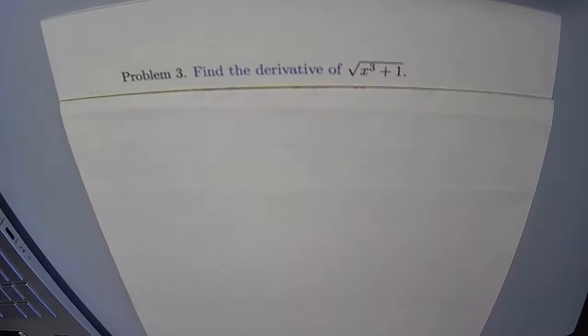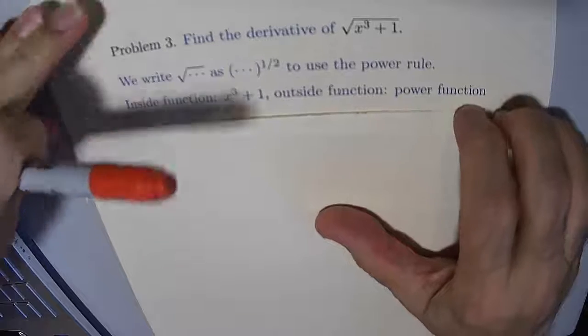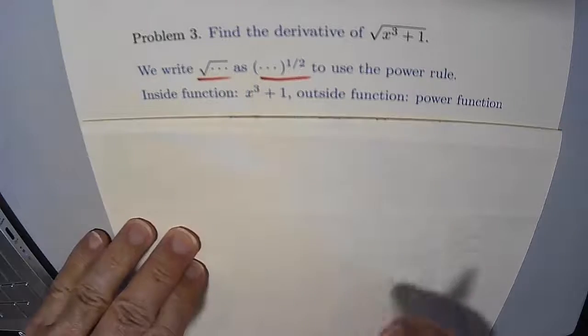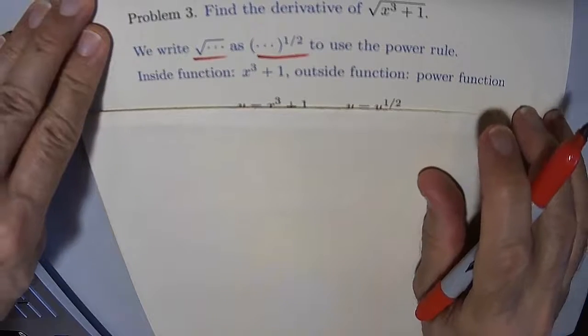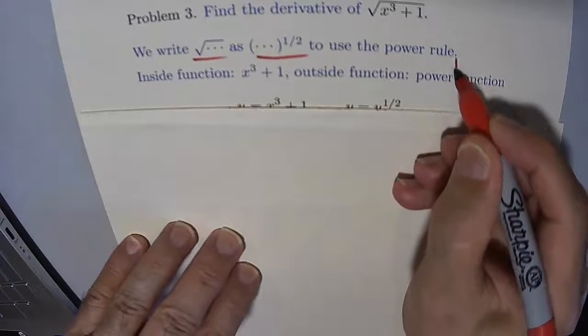Now let's do the square root problem, square root of x cubed plus 1. Because we are taking derivatives, it's convenient to write the square root as power 1/2. The inside function is x cubed plus 1, outside is the power 1/2 function.